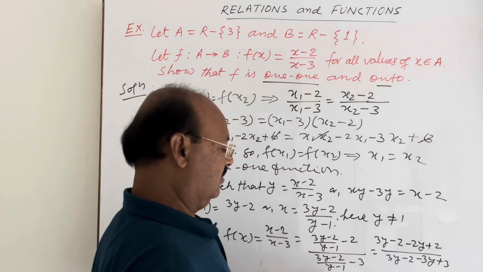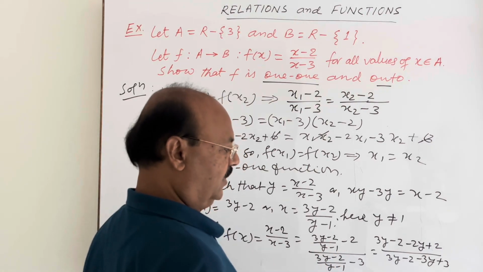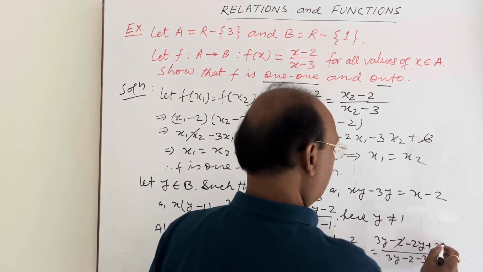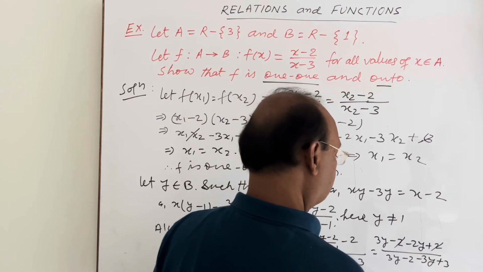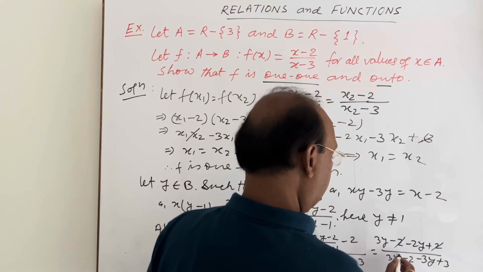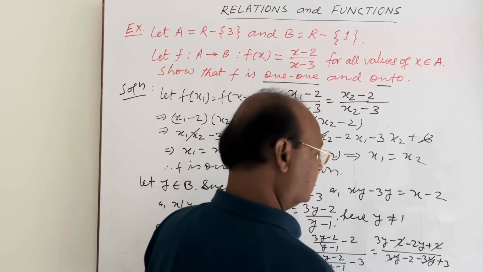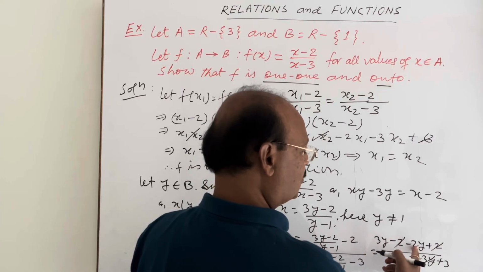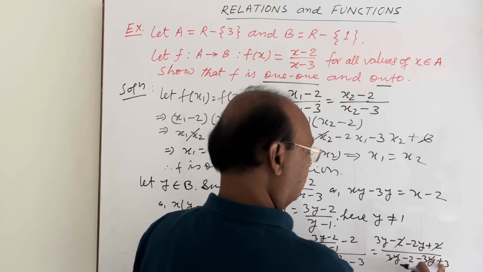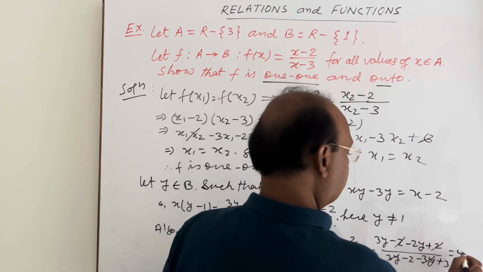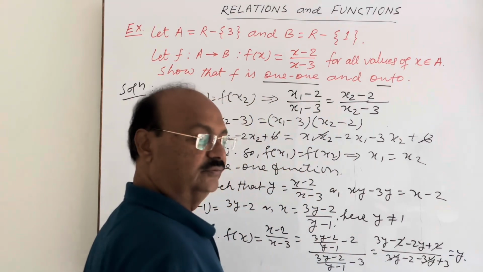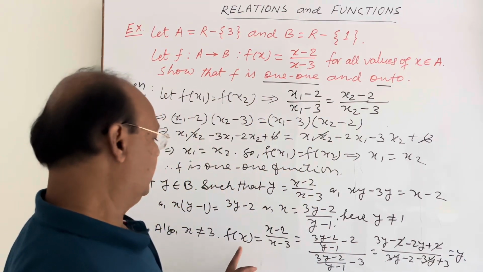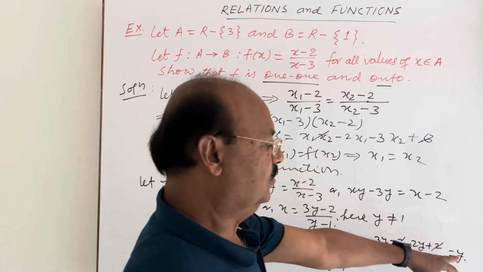The denominators y minus 1 will be cancelled out. Here minus 2 plus 2 will be cancelled out, and here 3y and minus 3y will be cancelled out. 3y minus 2y is y, and here the denominator is 1. So this is equal to y. Clear? So we are getting f(x) is equal to y.